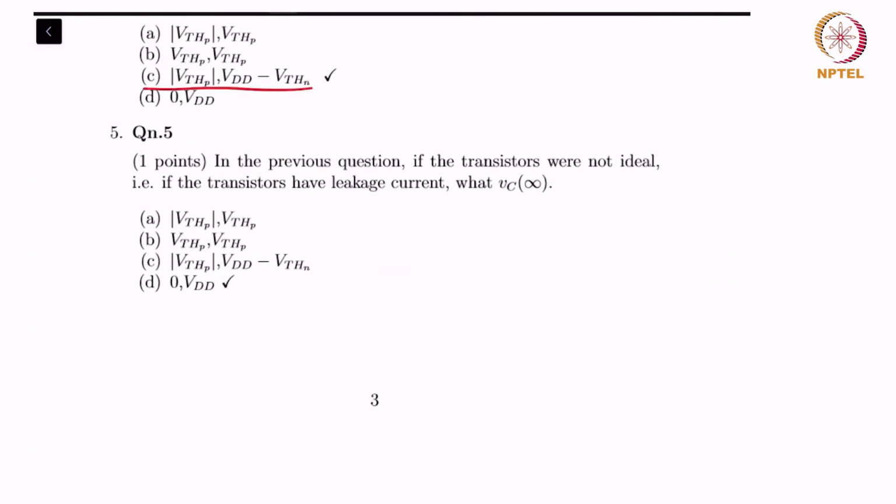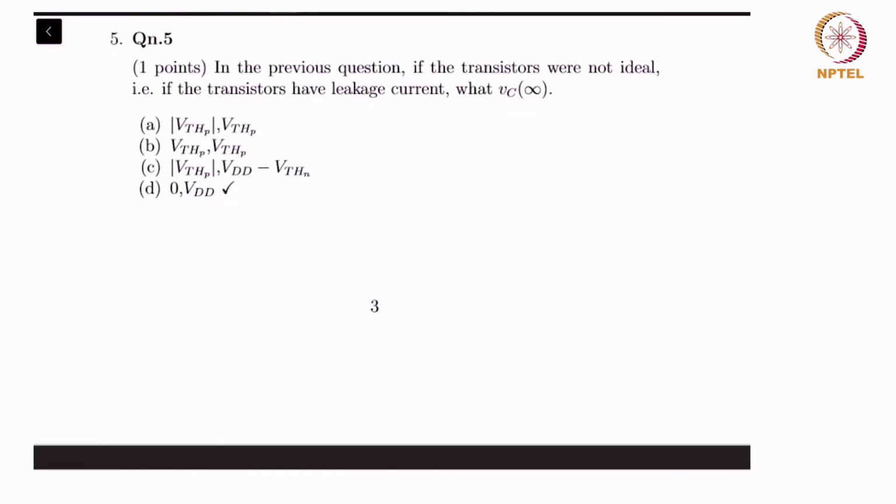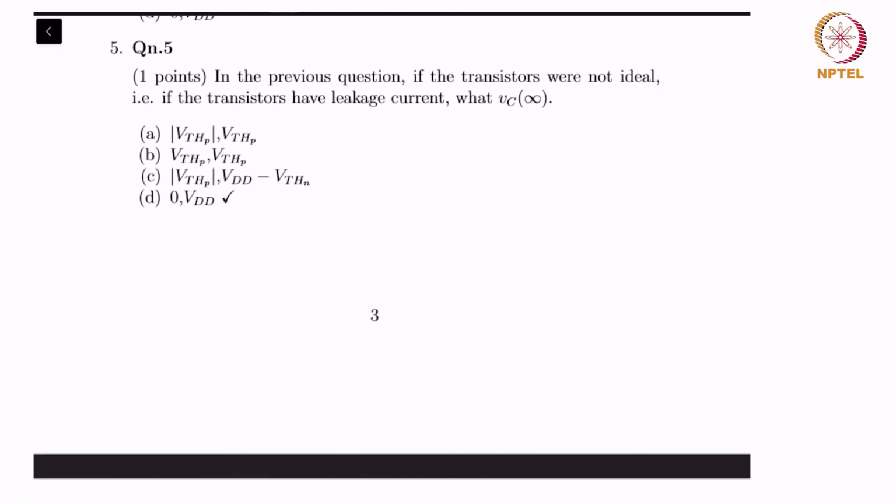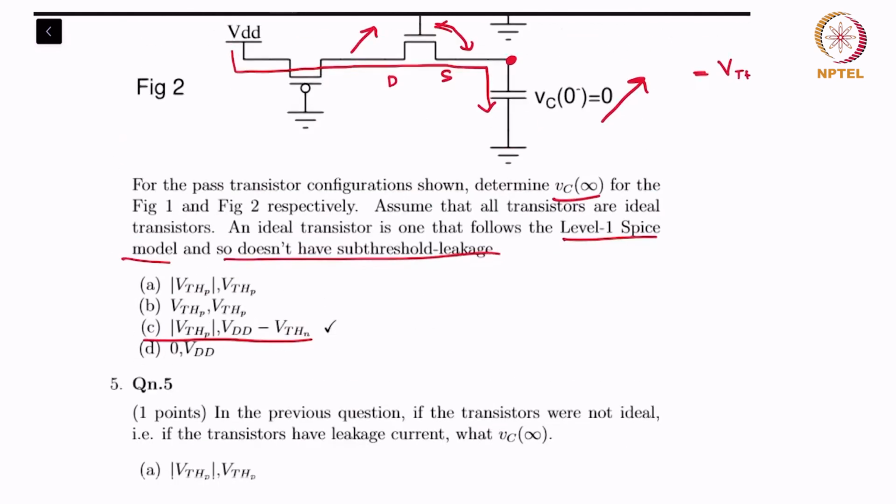Now in the previous question, if the transistors were not ideal, that is if the transistors do have leakage current, then what is Vc of infinity?